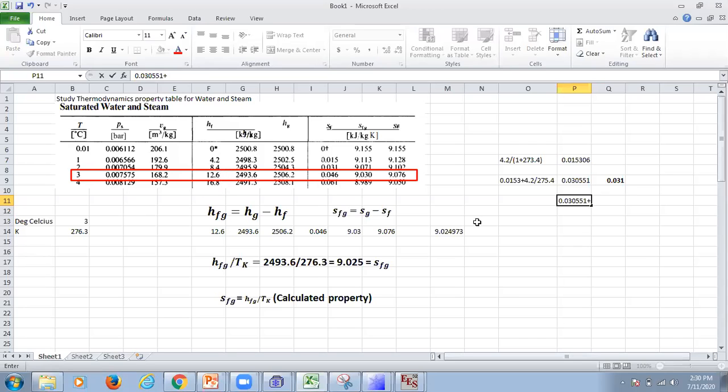So 4.2 divided by 3 degrees Celsius in Kelvin, 273.4 plus 3, about 276.4.